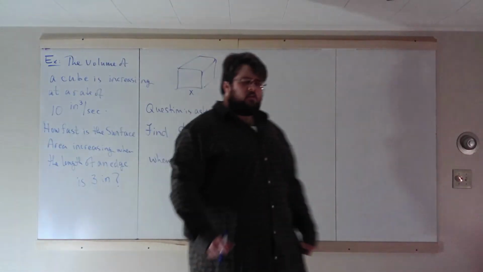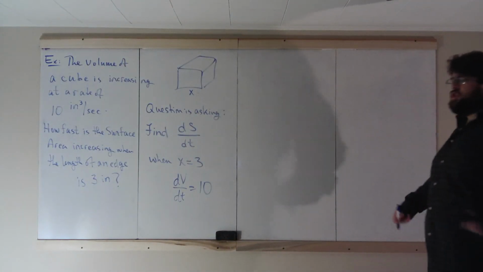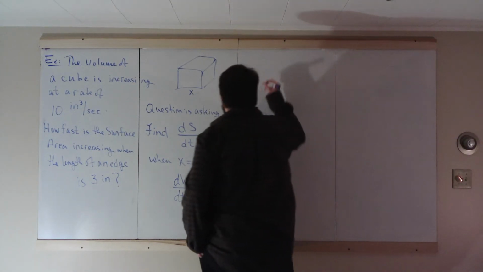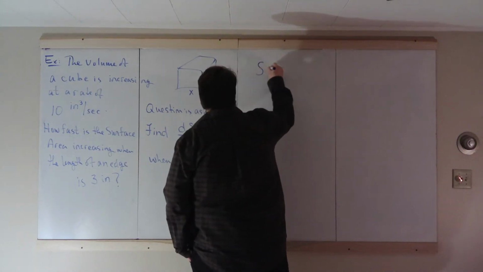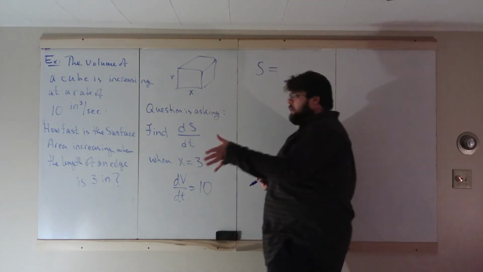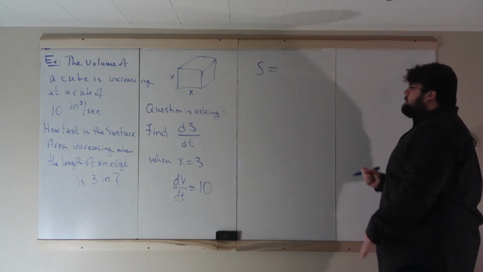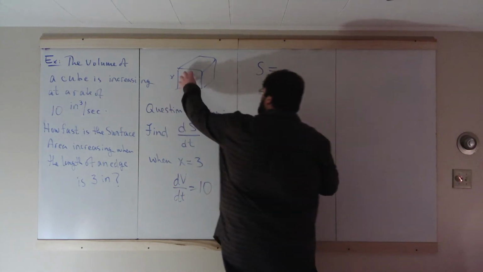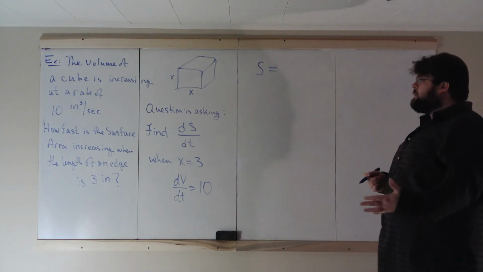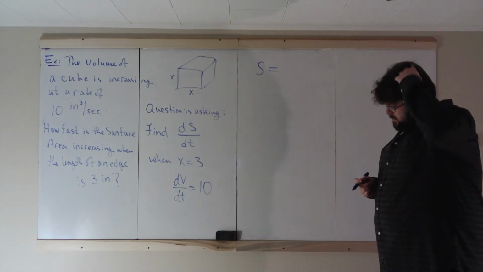Well, that's great. We're asked about surface area. Well, what's the surface area of a cube? Well, surface area is the area of the outer surface of the cube. Right here, we have an x squared on the outside. But there are 6 sides. 6, what's the word?